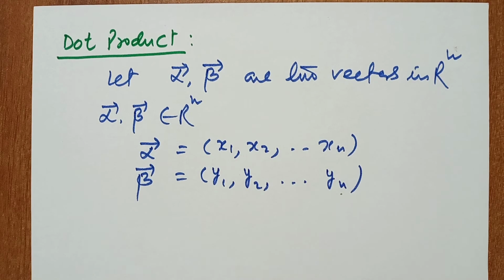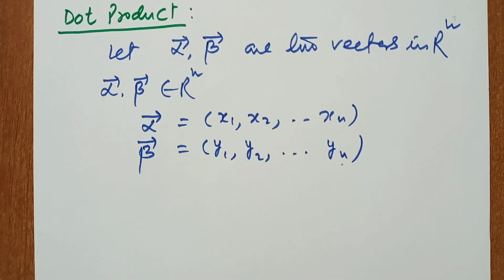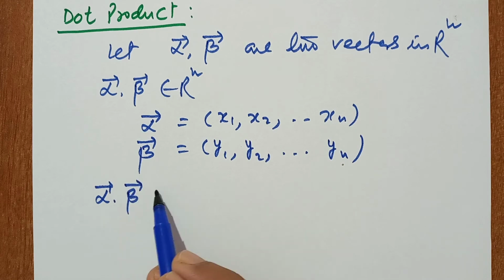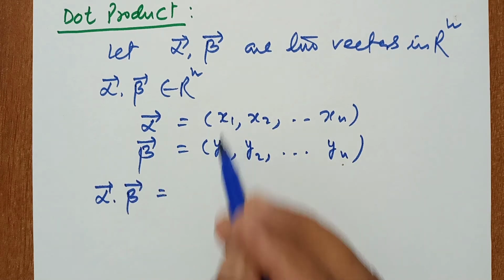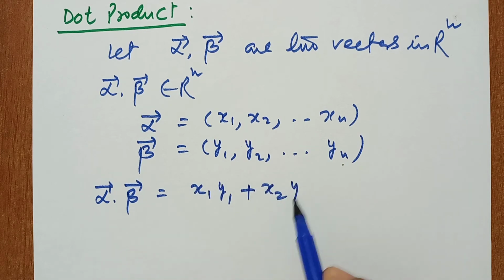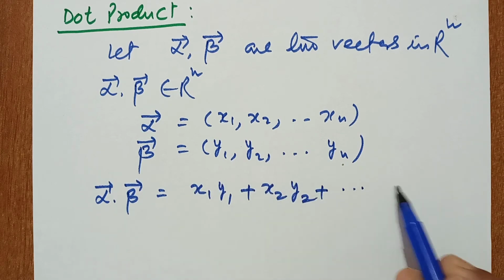The dot product is defined as alpha dot beta equal to x1 y1 plus x2 y2 plus up to xn yn.